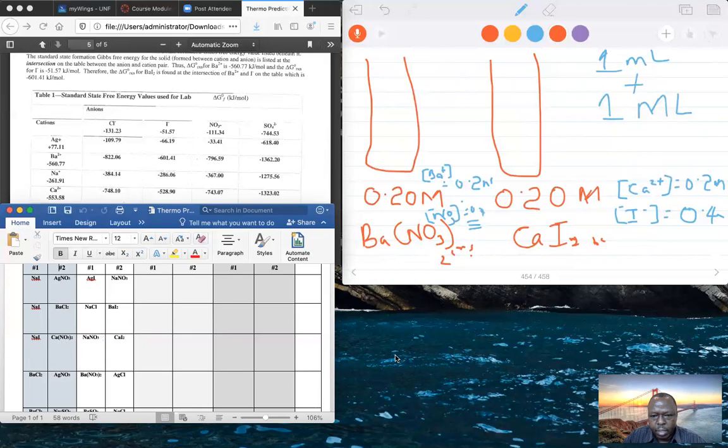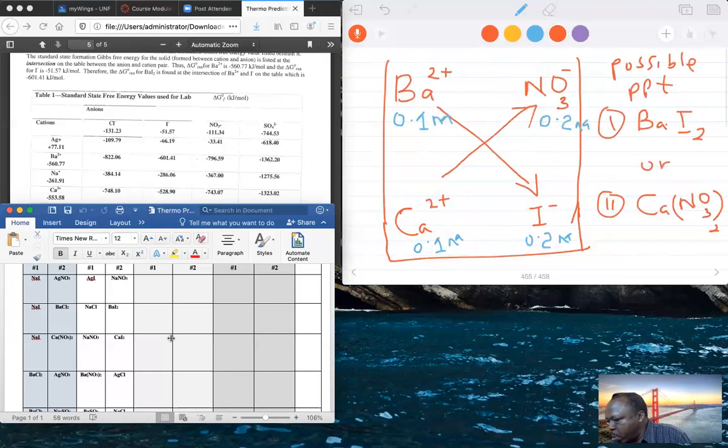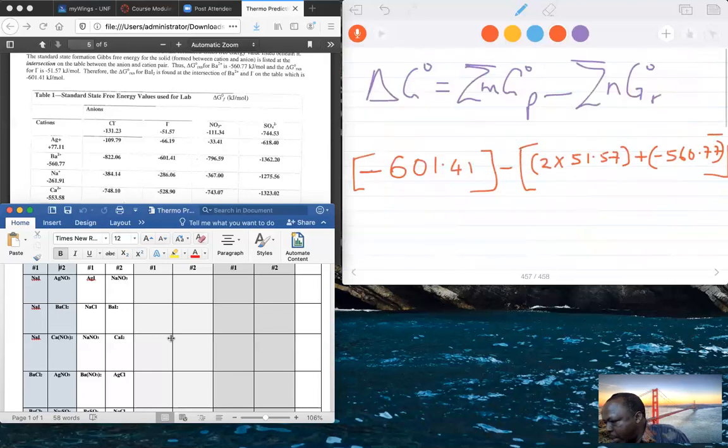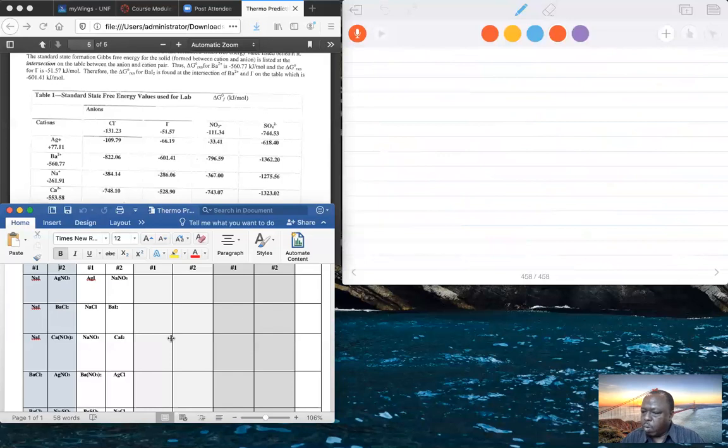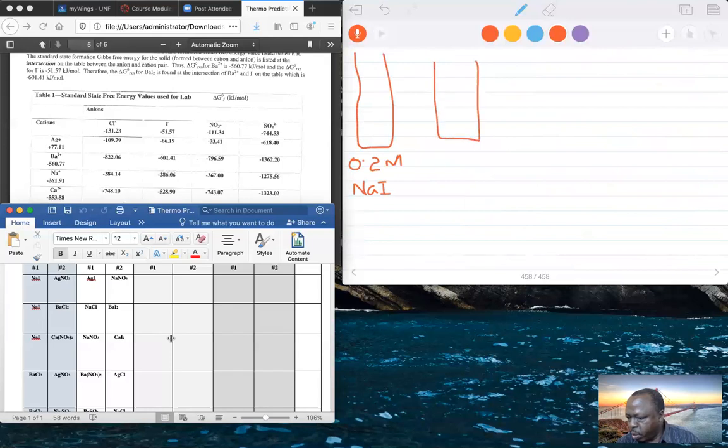Okay, I got it now. You meant silver nitrate, which is the first one. All right, this is how we're going to proceed, and have your calculator, please. At the outset, we have 0.2 molar sodium iodide and 0.2 molar silver nitrate.